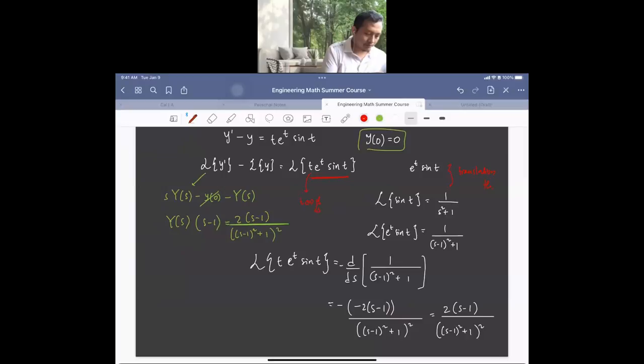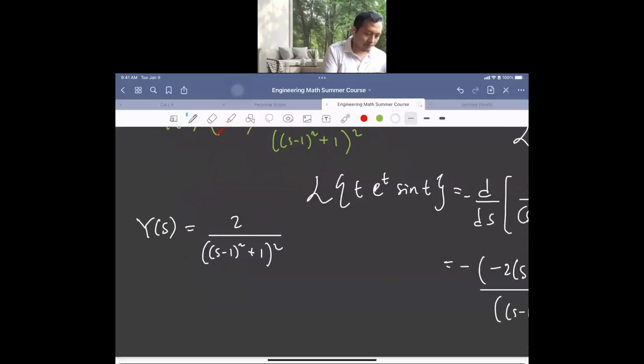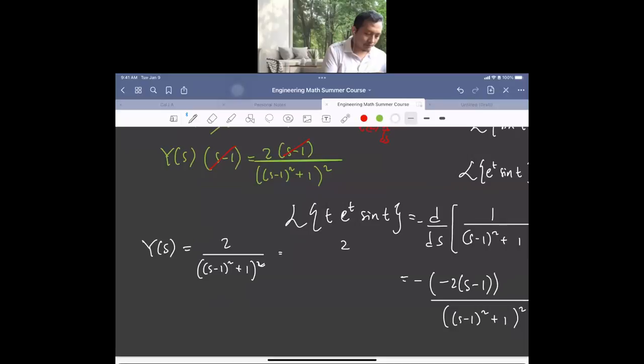And divide by s minus 1, we can cancel this, so we have our 2 over... This is 2, so we need to take the inverse, so we need to take 2 times ((s minus 1) squared plus 1) and then (s minus 1) squared plus 1. Okay.